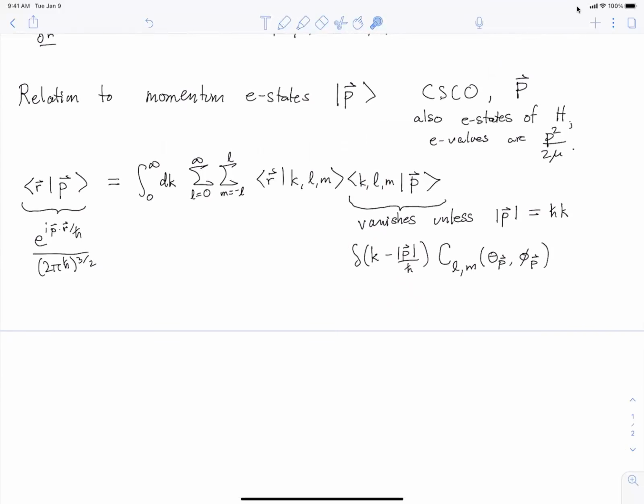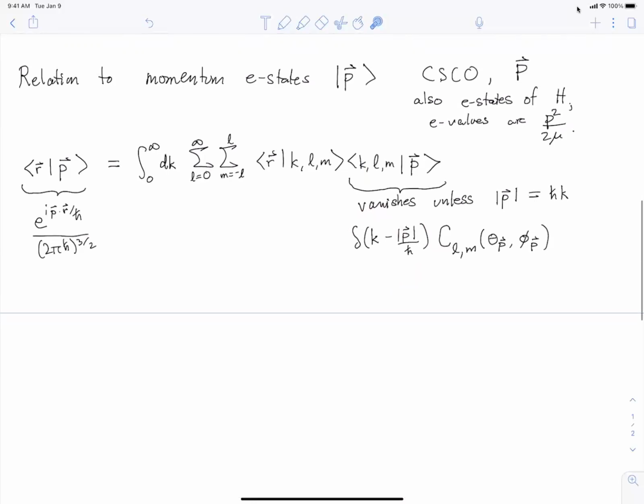So there we have it, and now there's a beautiful thing that's begging us to do something. We've got an integral over k, and we've got a delta function in k. And so the integral of a delta function is easy, and so let's go ahead and do that. It's begging us to do it. So here we write equals, and we're doing the k integral.